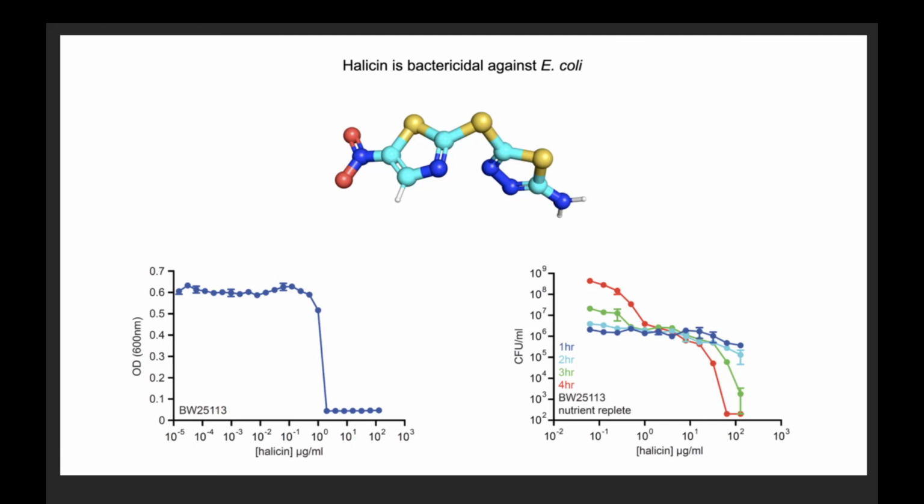So given that we observed that Halicin displayed bactericidal activity against E. coli and that it was structurally distinct relative to our current collection of clinically used antibiotics, we wanted to see whether Halicin would retain activity against antibiotic-resistant pathogens.